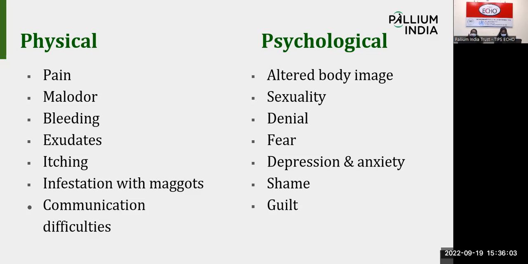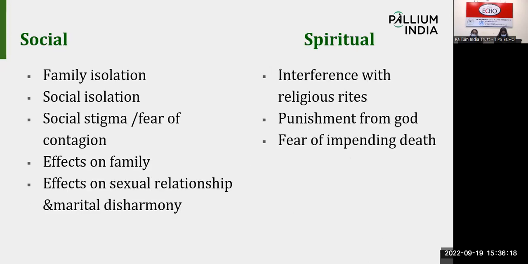And fear also, so they will be anxious about what is going to be next, and if they are not getting well and the symptoms increase, they might go into depression also, and shame, guilty feeling. So these are the psychological problems. And coming to the social problems, here also family isolation will be there.